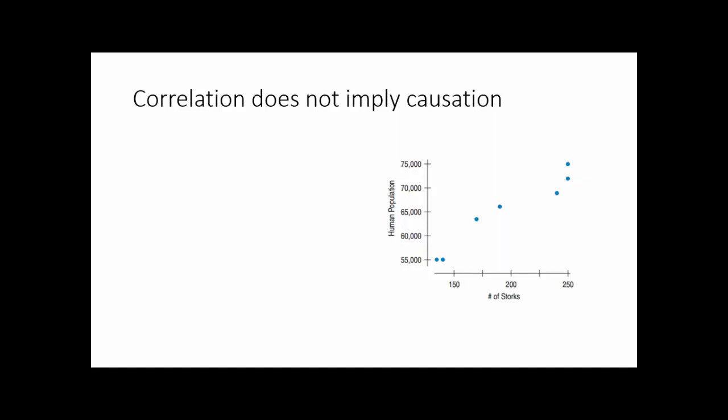Here's a plot of a bunch of cities and the number of storks that live in each city and the human population. And you can see that there is a positive association.